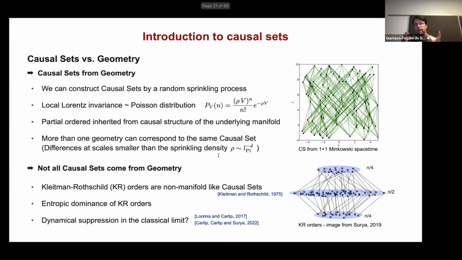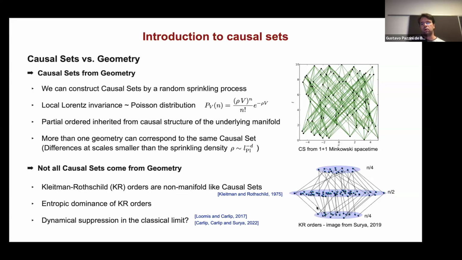Okay, the other thing important about this relation between causal sets and geometry is that not all causal sets come from geometry. So there are some causal sets that are what we call non-manifold-like. One example is the Kleitman-Rothschild orders, or KR orders, that are non-manifold-like causal sets.